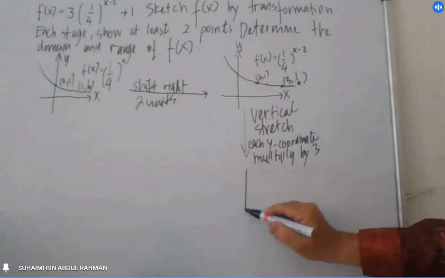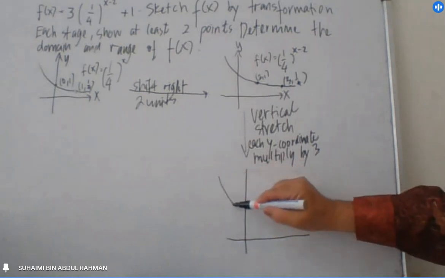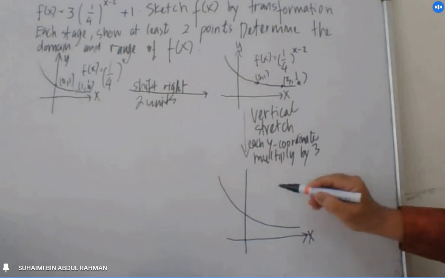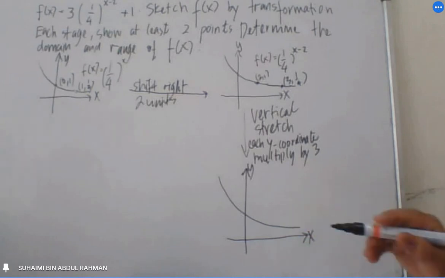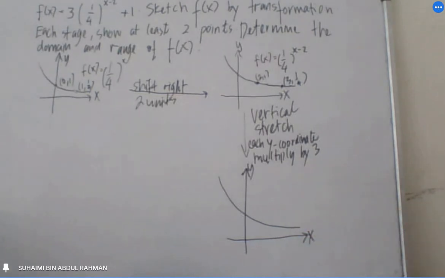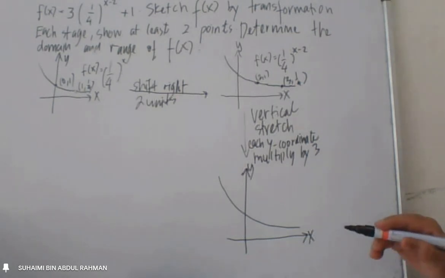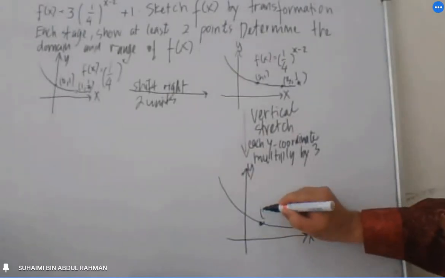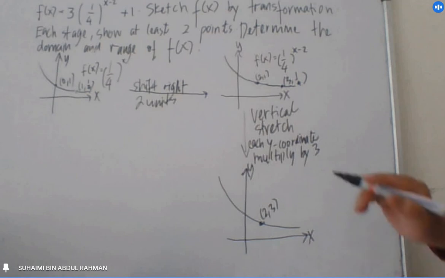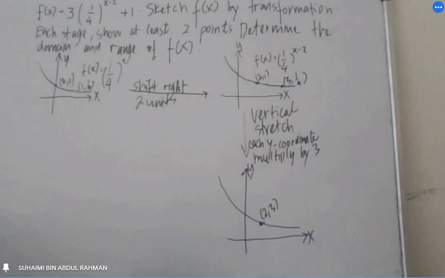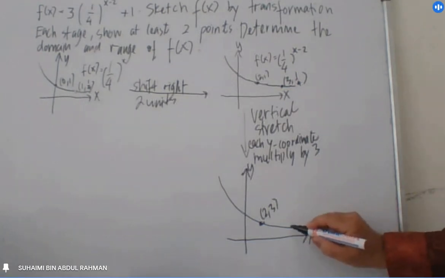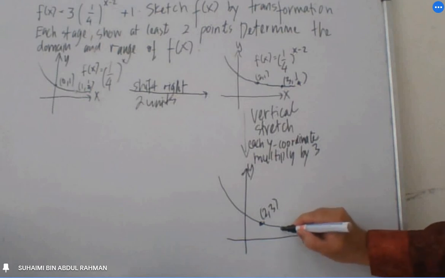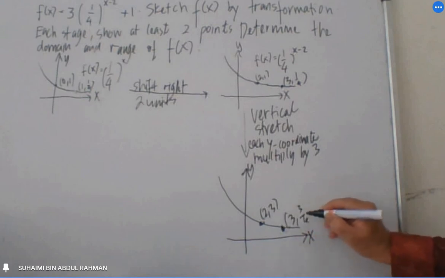So the graph becomes like this. The shape is still the same. The point 2, 1 will go to the point 2, 3. The point 3, 1/4 will go to the point 3, 3/4.